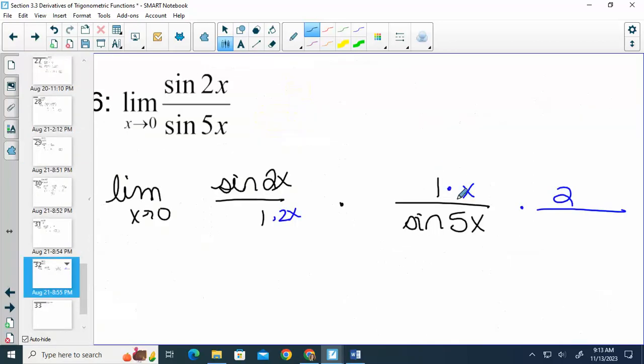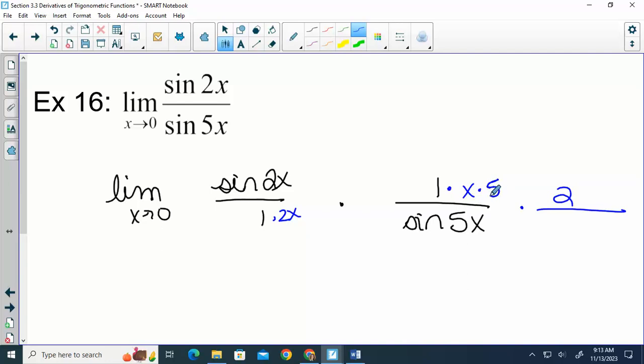So, if we can get 5x over sine 5x, it'll still work. So we've got the x, it needs a 5. Okay, so I need to put the 5 on the bottom to cancel it. So then this one goes to 1, this one goes to 1, and I have my 2/5.